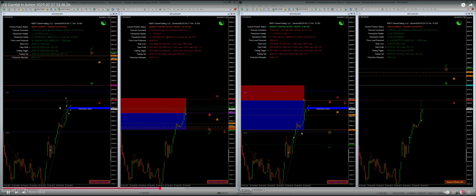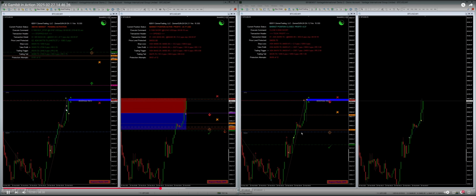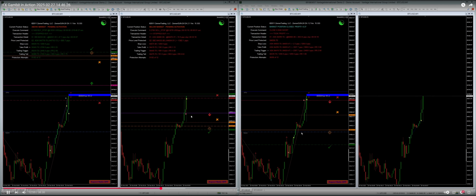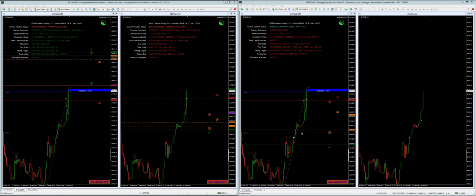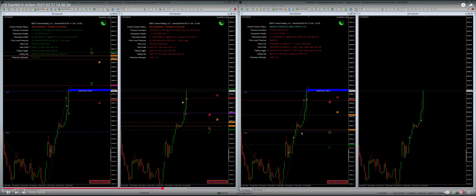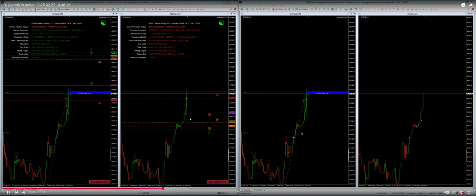So we just saw the master bot taking a loss again, the slave bot getting activated, but the market moved so fast that it took a second stop in the slave bot, and we are back in chart number 1 on the long side.